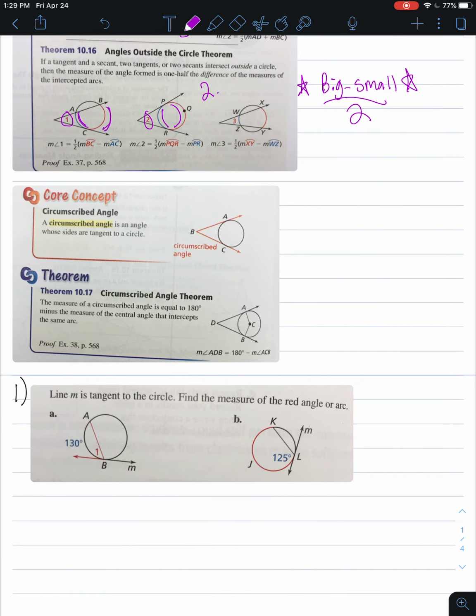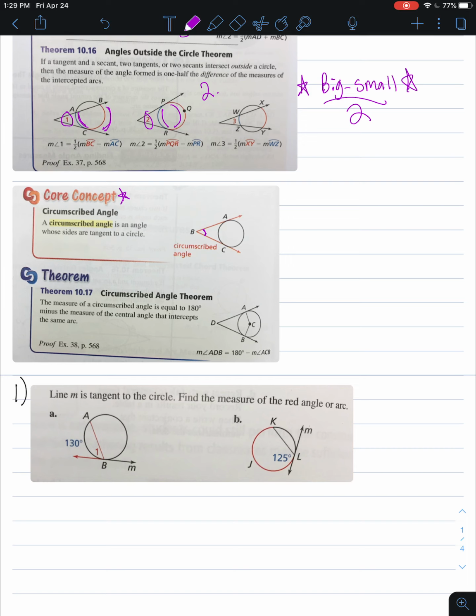And then the last theorem talks about circumscribed angles. It says in this core concept that a circumscribed angle is an angle whose sides are tangent to a circle. So this right here is a circumscribed angle. The theorem says the measure of a circumscribed angle is 180 minus the measure of the central angle that intercepts the same arc.